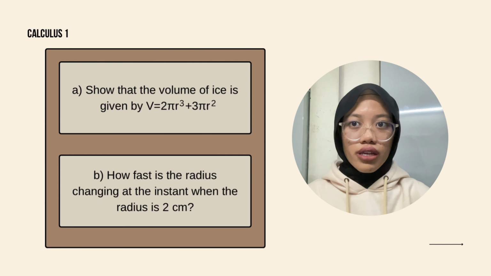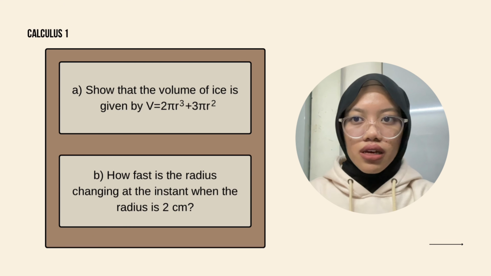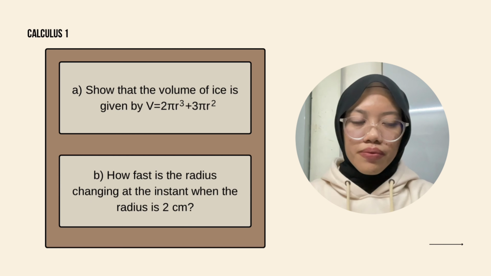Question A: Show that the volume of ice is given by V = 2πr³ + 3πr². Question B: How fast is the radius changing at the instant when the radius is 2 cm?